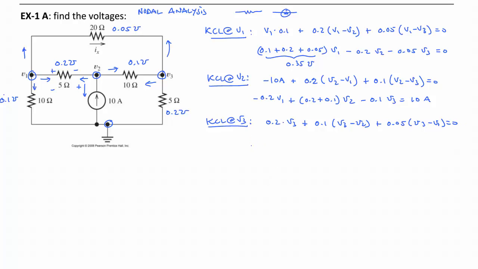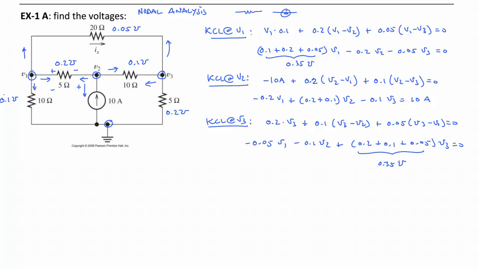We collect terms, and we'll have minus 0.05 V1. We have minus 0.1 V2, and then we have 0.2 plus 0.1 plus 0.05 times V3. So this is 0.35.